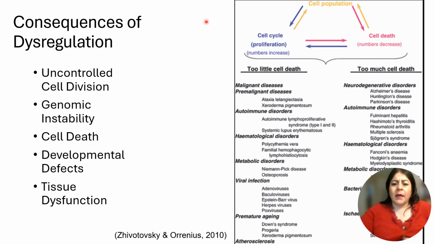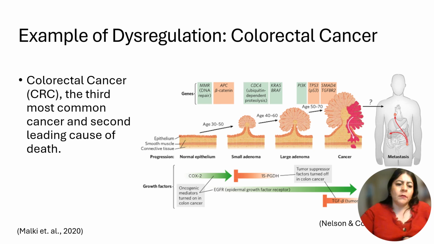Whenever we have too little death, cell proliferation happens because cells that should be programmed to die are not dying. And then here we just have cell proliferation of blasts, where cells are continually dividing rapidly. And these are some of the diseases that form. I'll be creating an example here shortly.